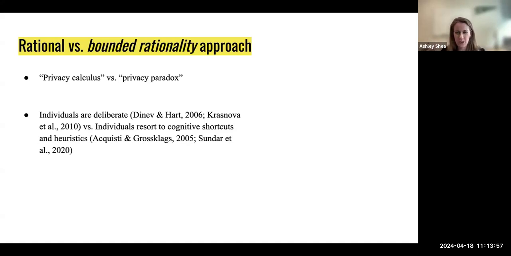We rely on superficial heuristics to make our decisions. And so it's a paradox. We really can't control all aspects of our privacy. And so we're constantly in between this space where we try to be deliberate and promote more deliberation. And a mechanism to doing that is understanding these broader complex systems, but also recognizing that necessarily individuals resort to cognitive shortcuts that also influence when and how and if information is disclosed.